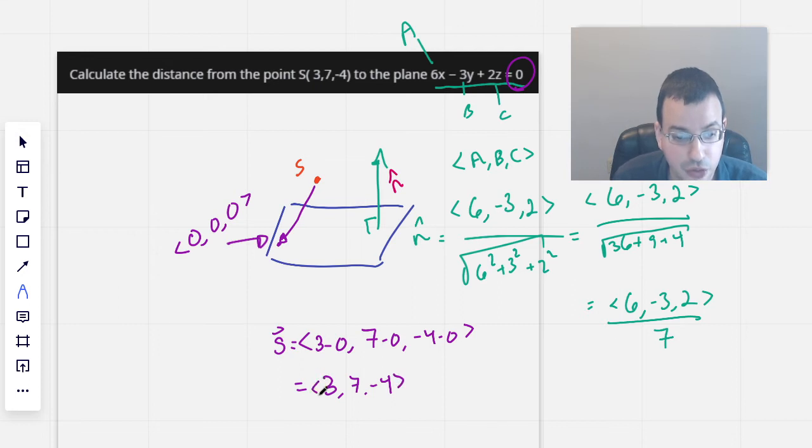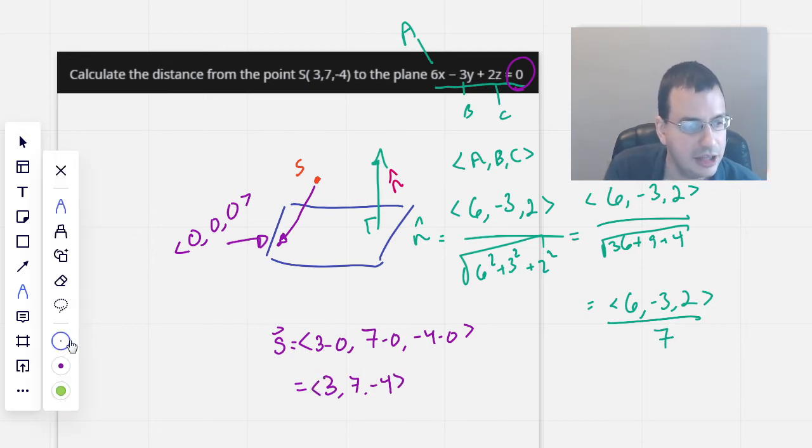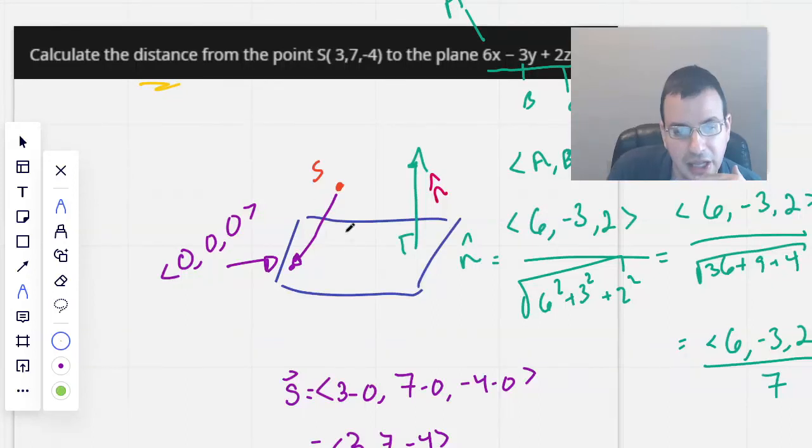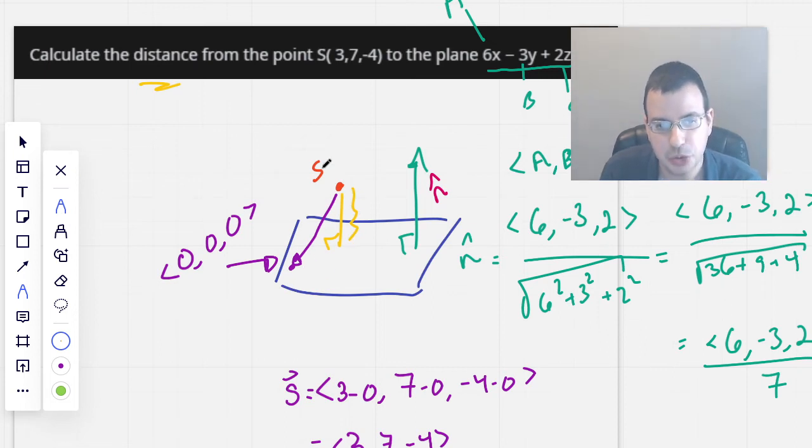So now we have two vectors, and the key idea here is that the shortest distance from a point to the plane, which I assume this is asking for, is going to be perpendicular like this. So we can find the dot product between S right here and the normal vector, and that will give us this distance right there.